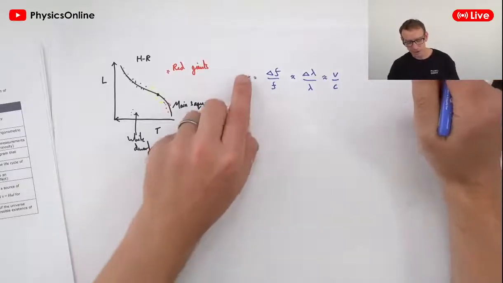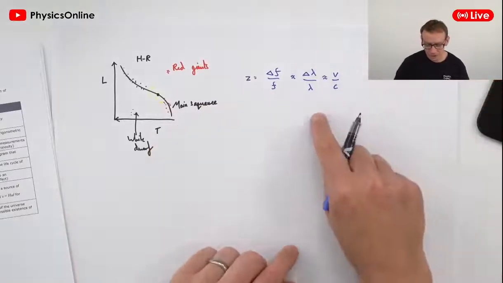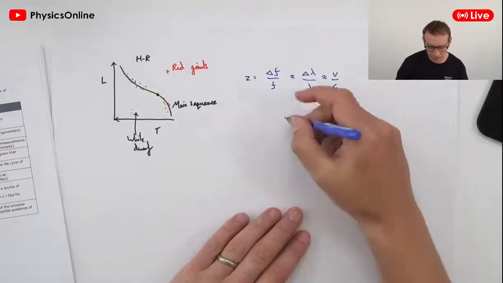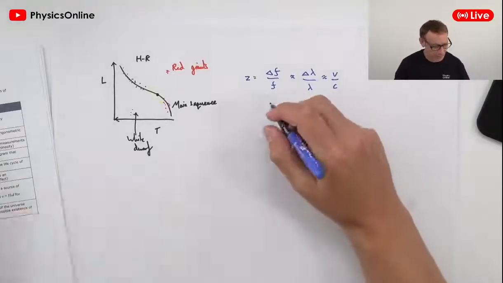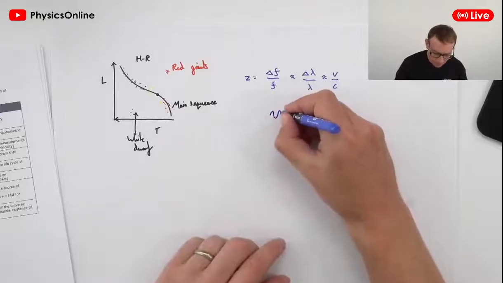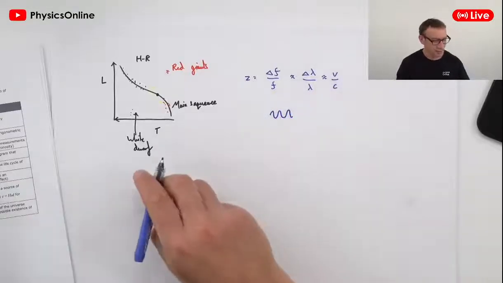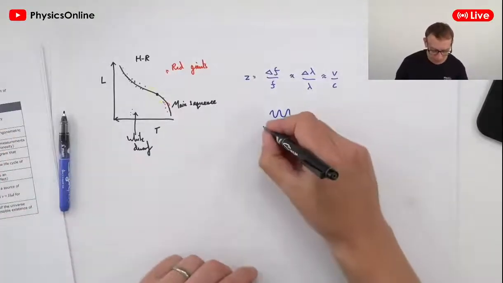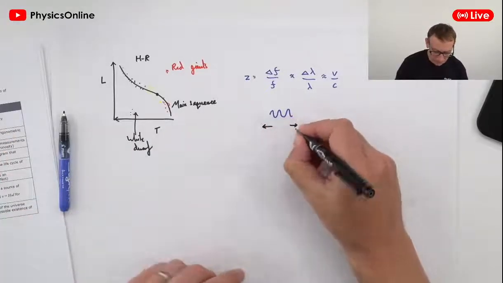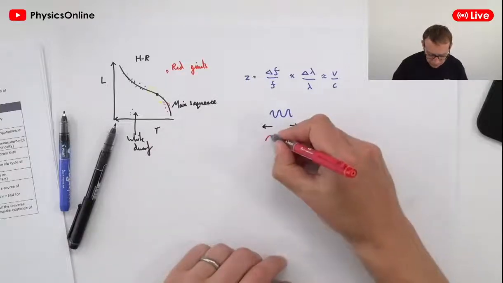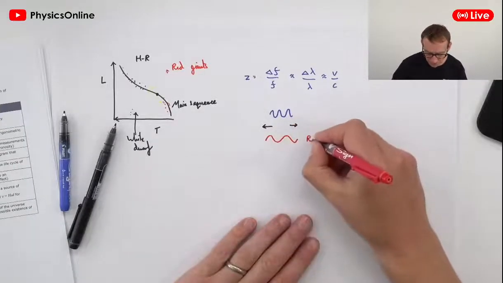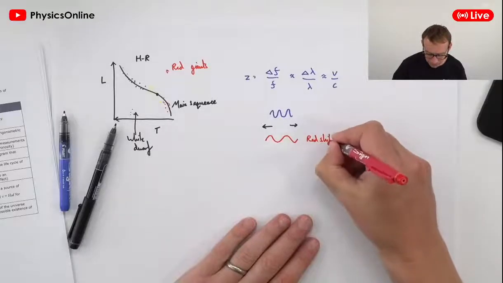Light emitted at a shorter wavelength, because space is expanding, gets extended towards the red end of the spectrum, and therefore what we often have is redshift.